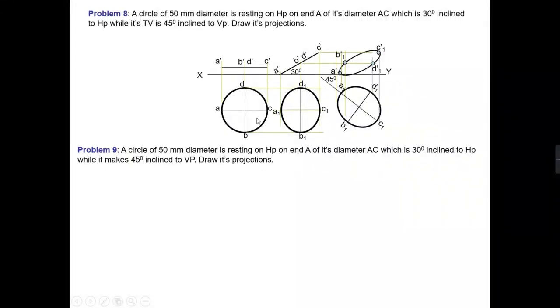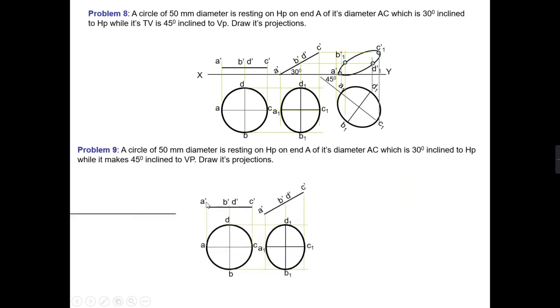So suppose the first two parts will be the same, and in the third part we have to make a 45-degree inclination of this length, not this length.